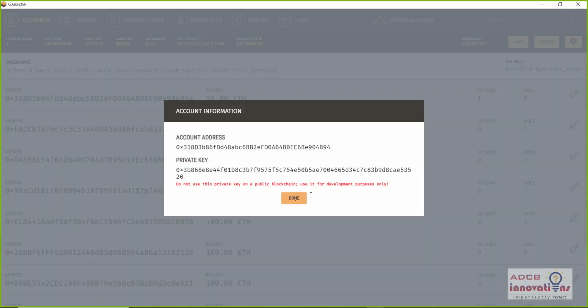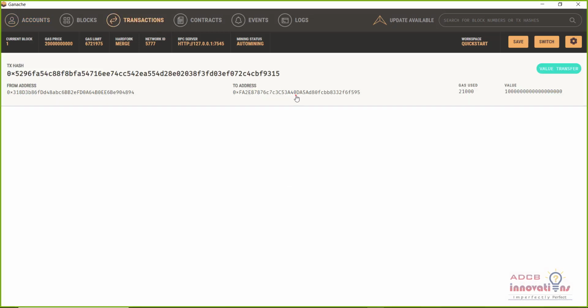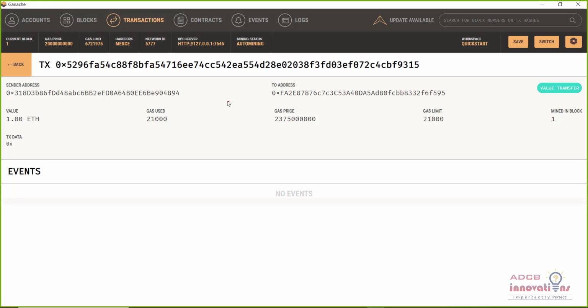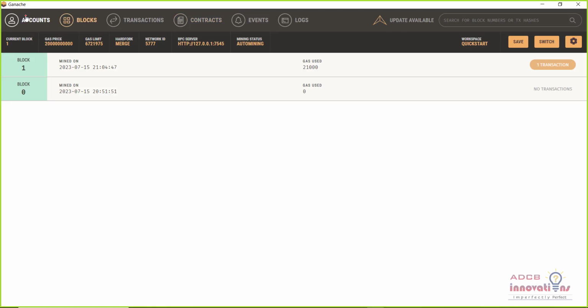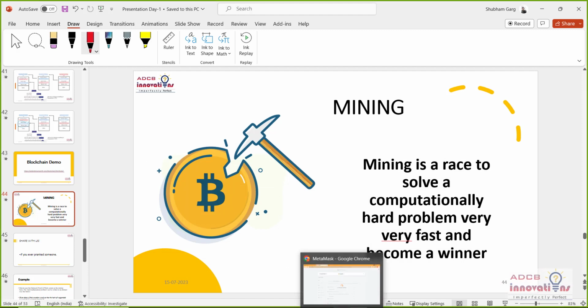I will just show it in the transactions. We can see the gas price and gas used here. Some reward goes towards the miner.